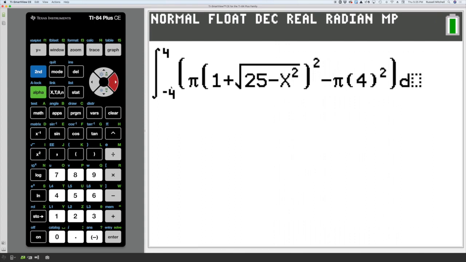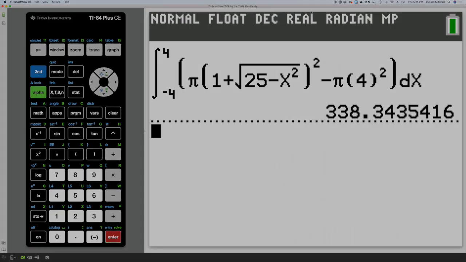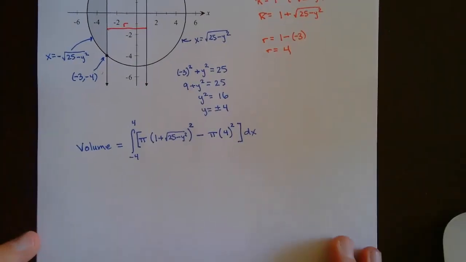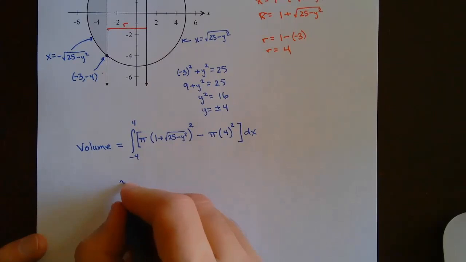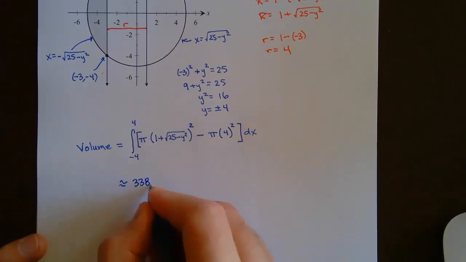Okay, so that's pi times big R squared minus pi little r squared, and then the thicknesses of each are going to be dx, right? And we put that in our calculator, and we get 338.344. Okay, so I'm going to go back and record. So the volume here would be approximately 338.344.